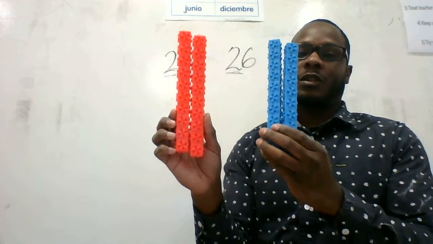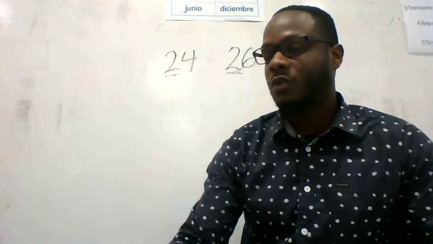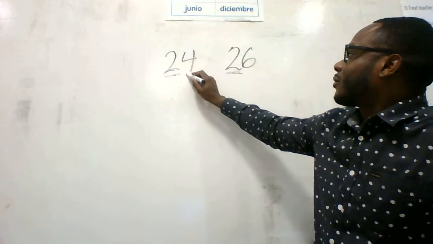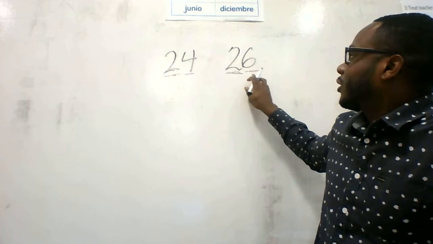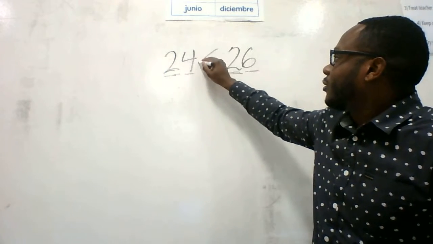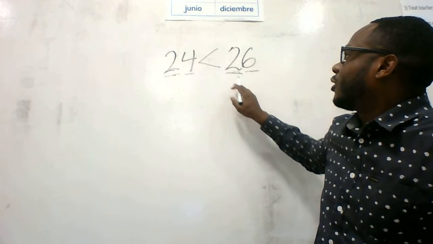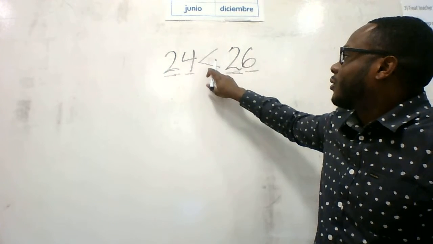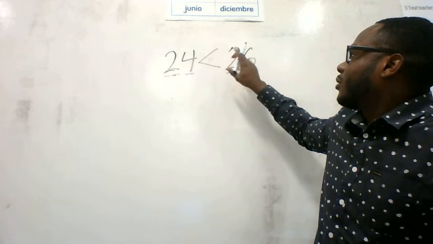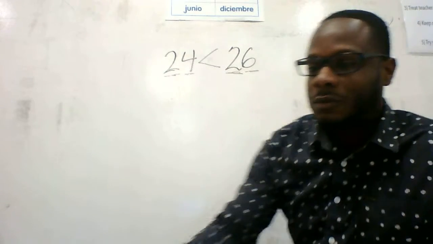You can't tell from the 10s place blocks, so we move over to the 1s place. One has 4 and one has 6. 6 is greater than 4, so 26 is greater than 24. And we always have the opening of the greater than symbol open towards the bigger number.